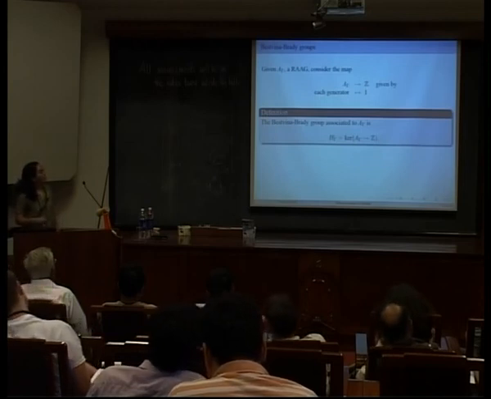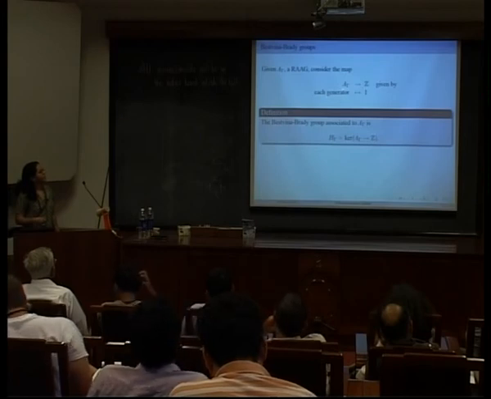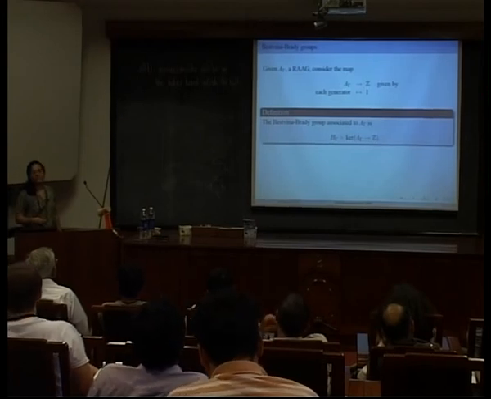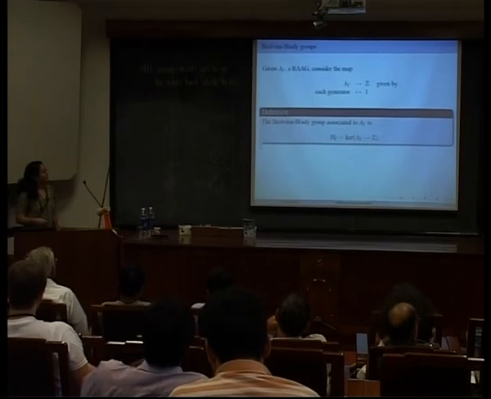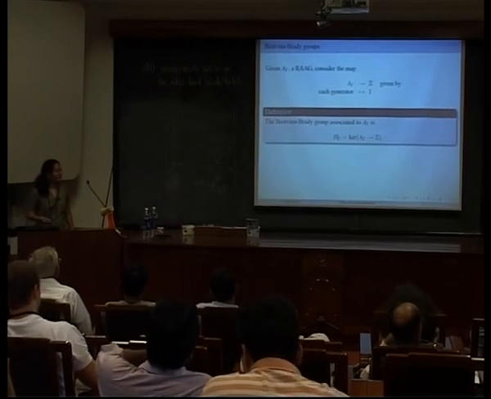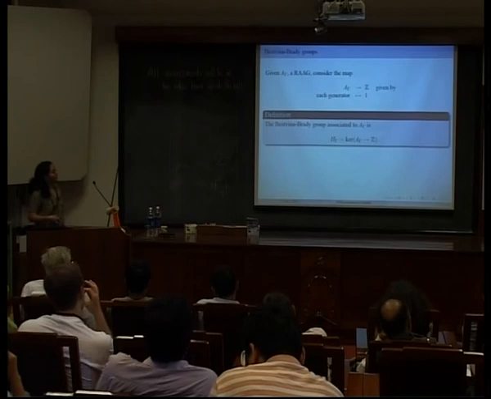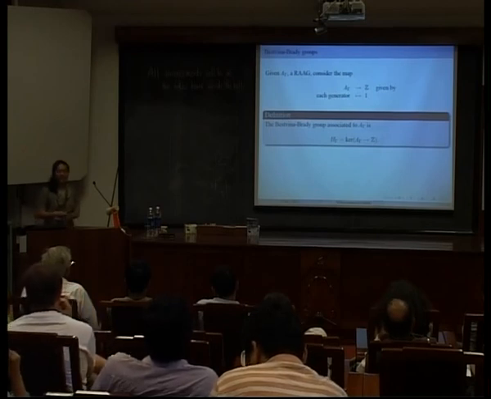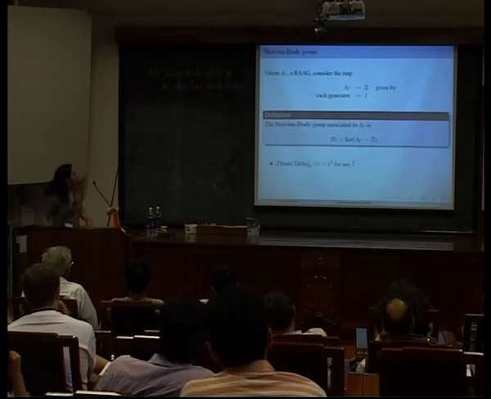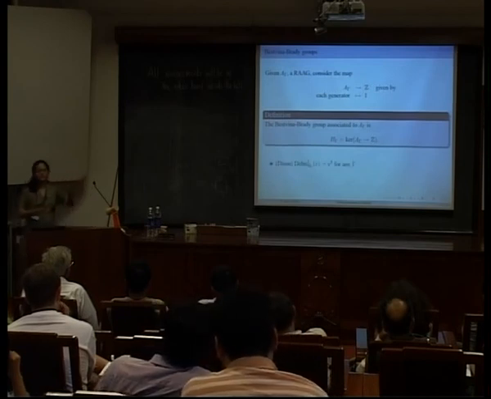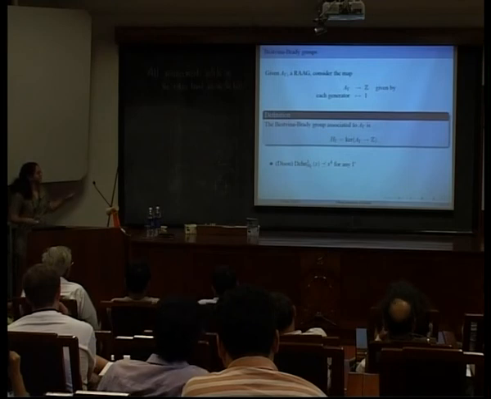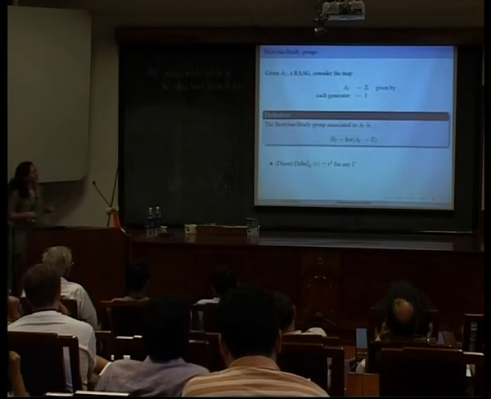If you have a right-angled Artin group, you can define a homomorphism where each generator maps to 1. The kernel of such a homomorphism is the Bestvina-Brady group associated with A gamma. These groups have lots of interesting properties. Let me just mention what's relevant to this filling function stuff.